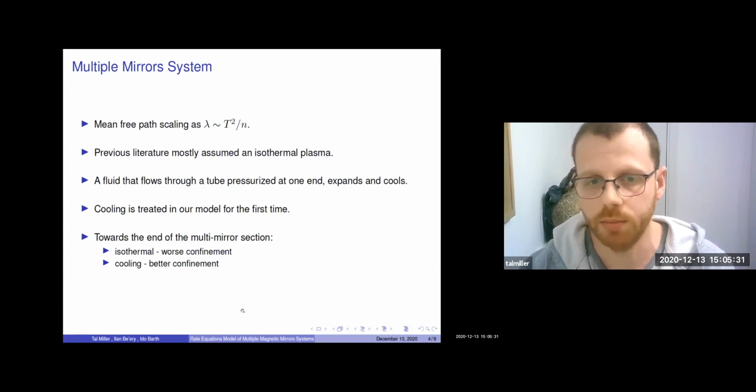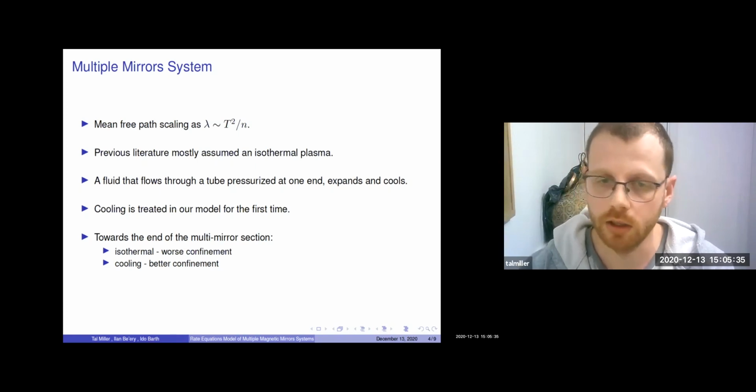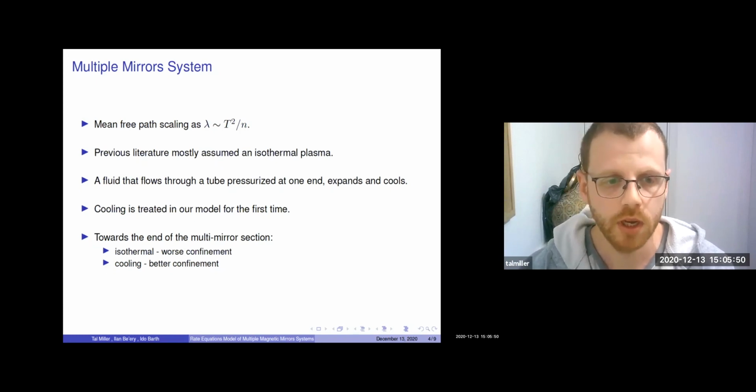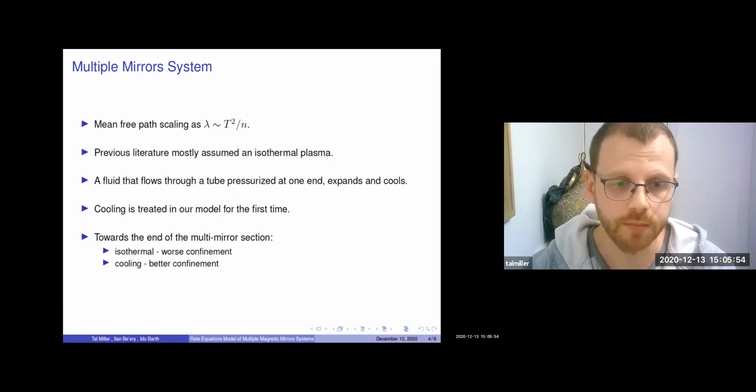This might also happen in a plasma, which is not unlikely because in the main cell, we inject hot particles, and in the end of the multimirror section, we have cold plasma. So a temperature gradient is possible, and several experimental works have shown things of this sort. This cooling effect is treated in our model for the first time.